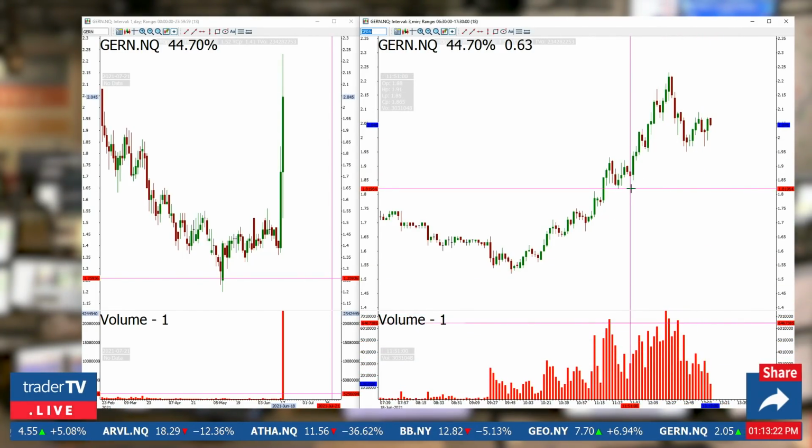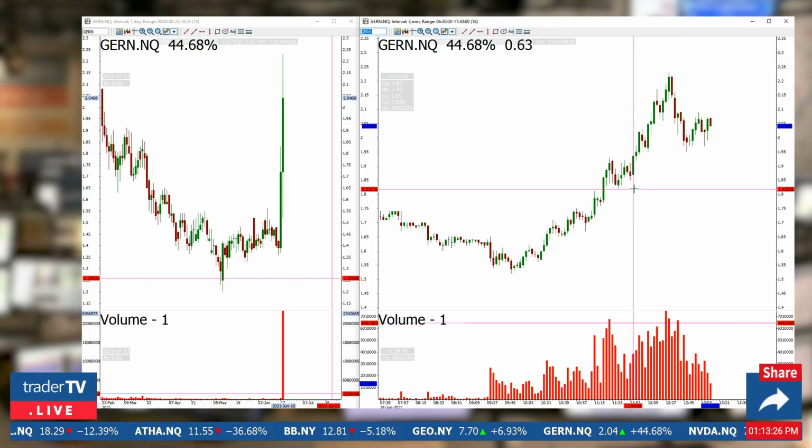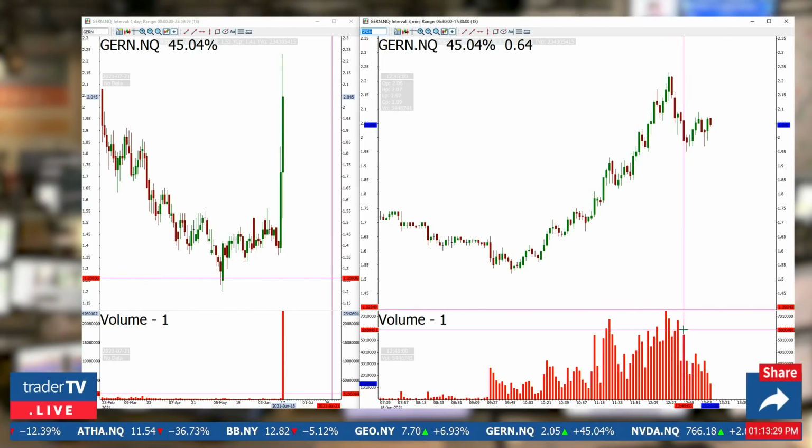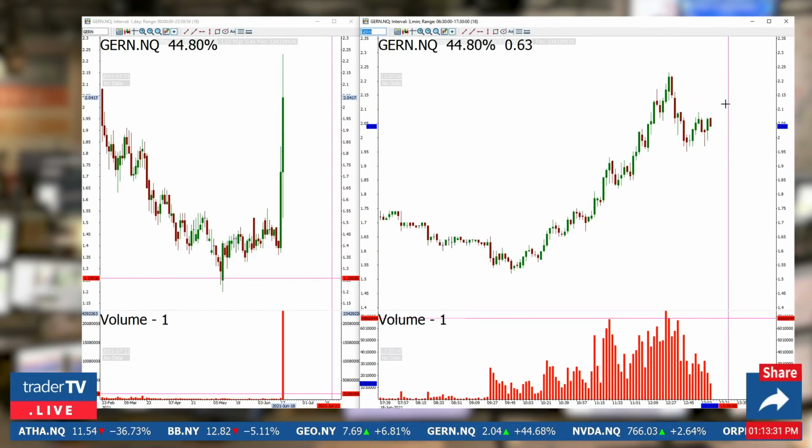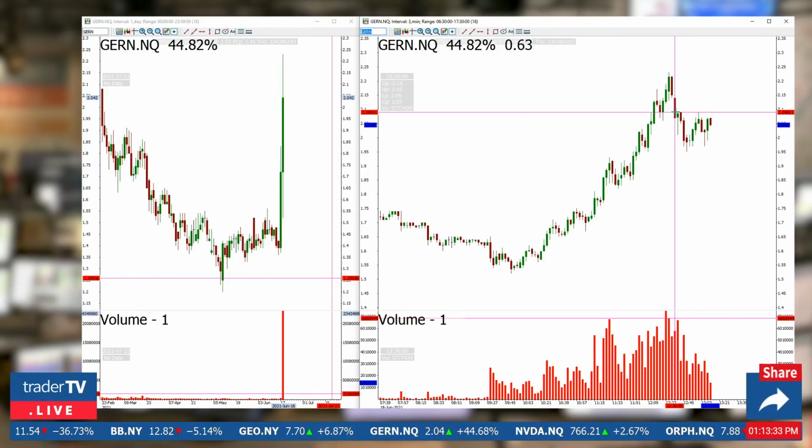So all those buyers that got really, really excited throughout that entire move to the upside end up giving up, as you can see. And then as we're coming back in, the volume is moving back to the downside with the actual price of the stock. So if you get that kind of end of move, big exhaustion volume spike, another thing that we can look out for to signify the end of a possible trend.